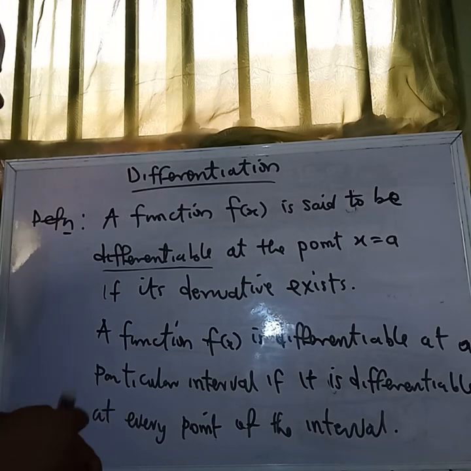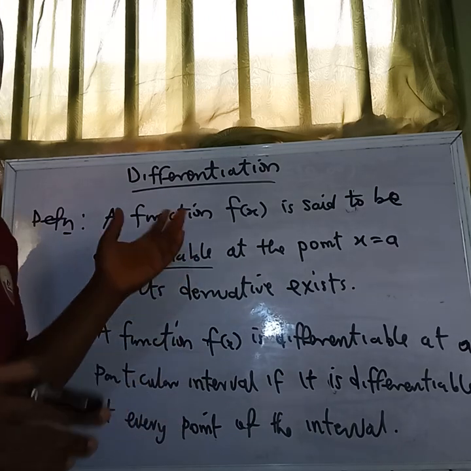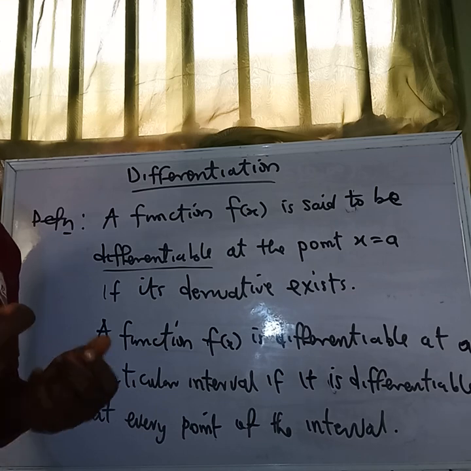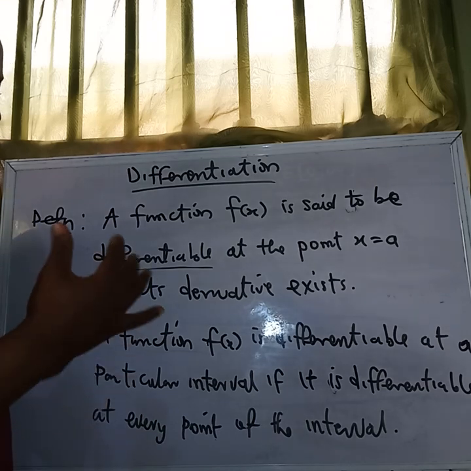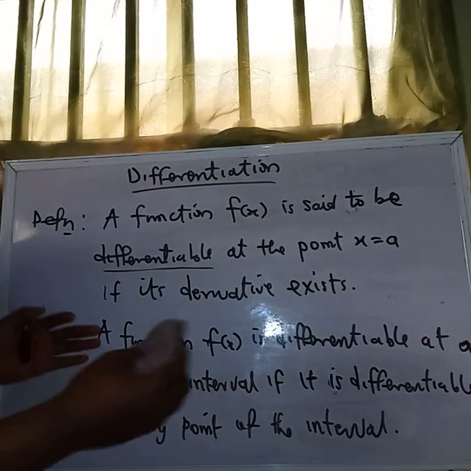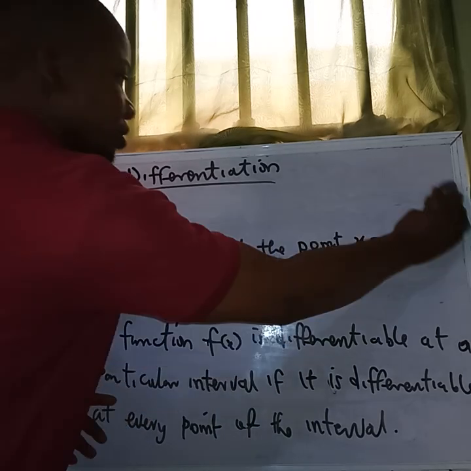We can start from the last example we just concluded, where we have f of x to be the square root of x. So let's look at the differentiability of that function.